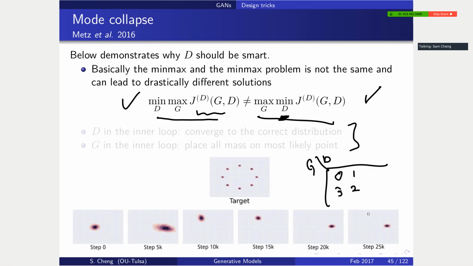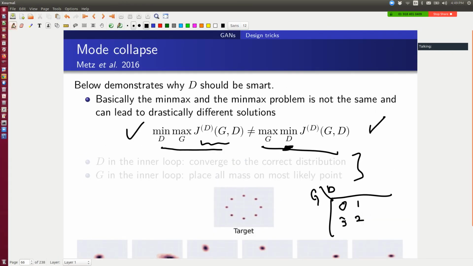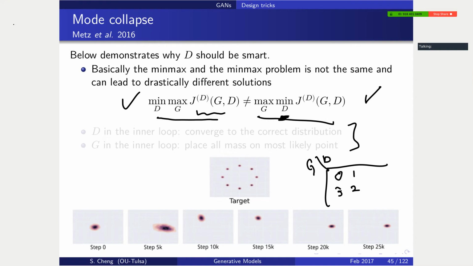So if G is allowed to maximize first, then G will pick this row and then minimize, I will get this one, right? But if D is allowed to minimize first, I will basically pick this column, and G trying to maximize will get into this one.